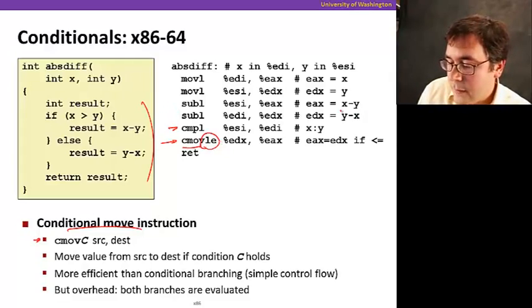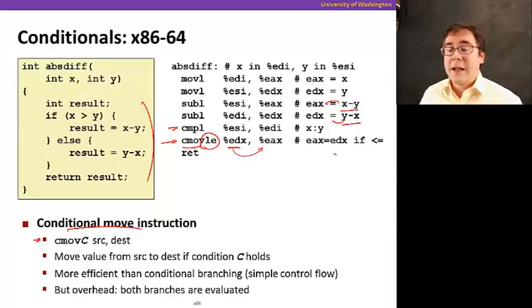We subtract y from x and x from y, store them in EAX and EDX, and then we only move EDX to EAX if the condition is set, and then we just return because we should put the return value in EAX. Isn't that great? So now this is a way of implementing some conditional blocks without using branch instructions. This can be a big win in performance in several cases.